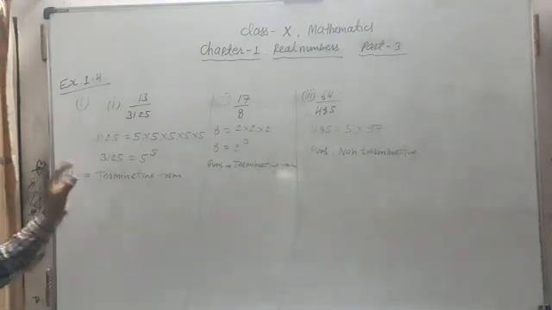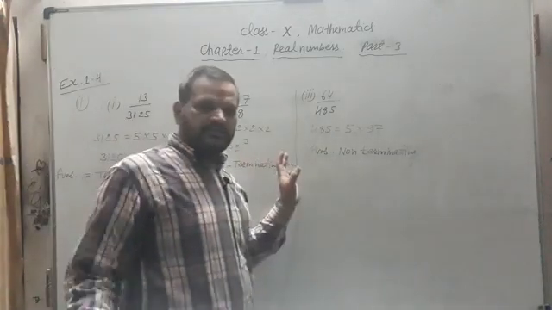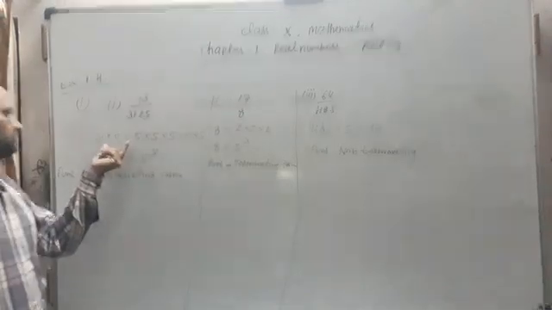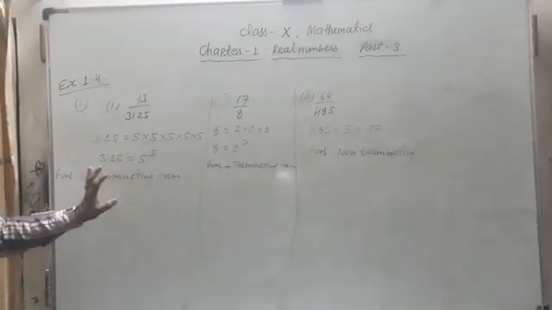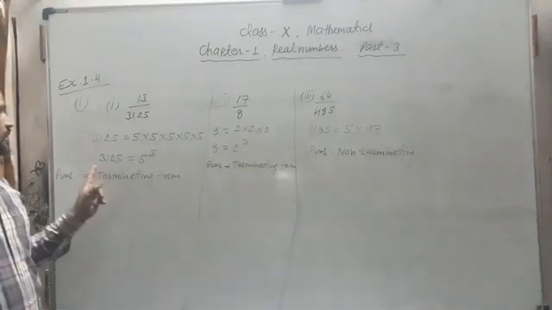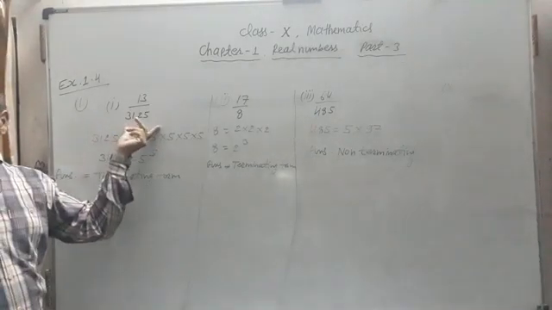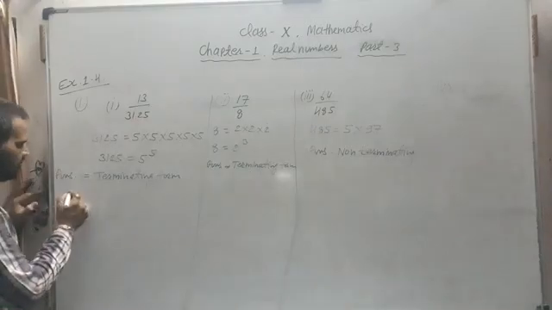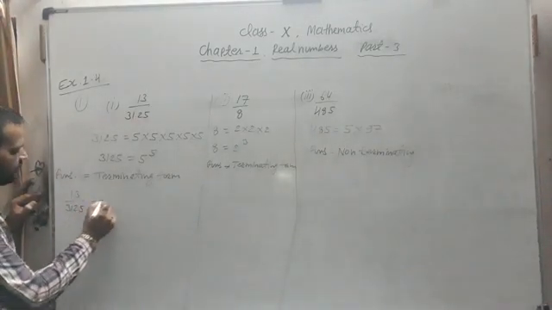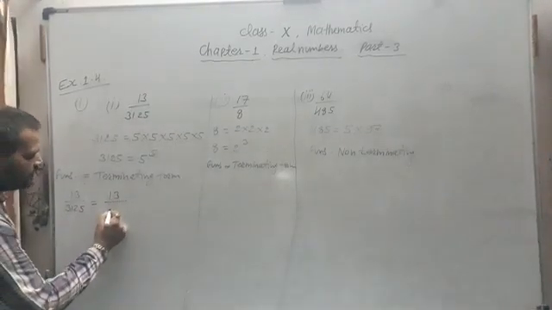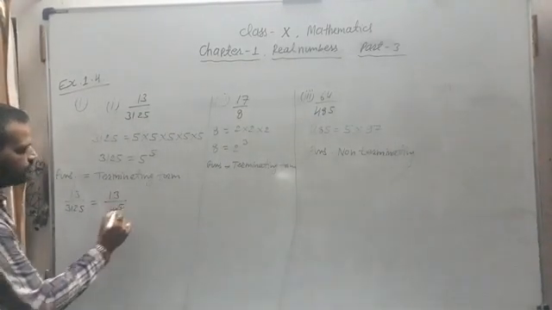In the first question, the answer is a terminating decimal expansion. Now how can we find the decimal form? So 13 upon 3125 equals 13 upon 5 to the power 5.